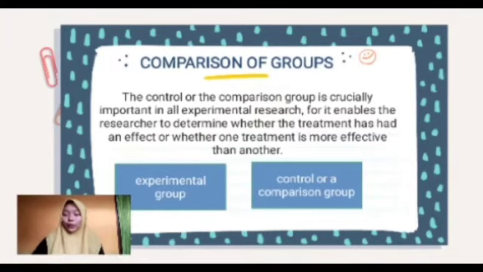The experimental group receives treatment of some sort, such as a new textbook or a different method of teaching, while the control group receives no treatment, or the comparison group receives a different treatment. For the experimental group, there is treatment, but for the control group, there is no treatment.